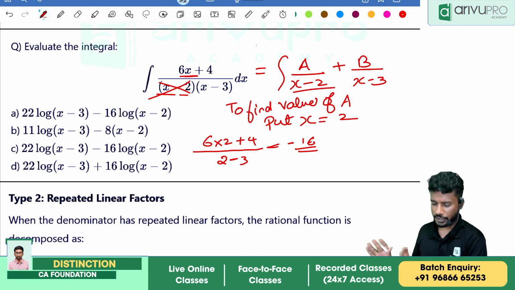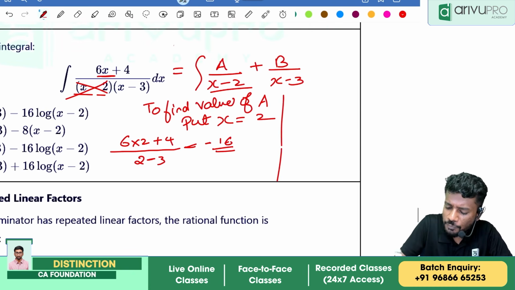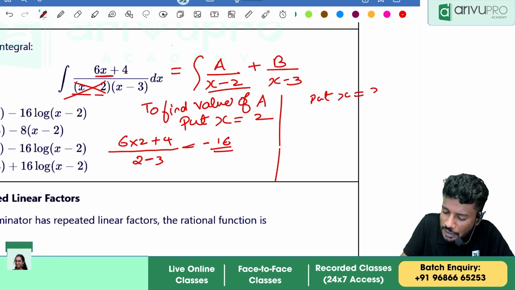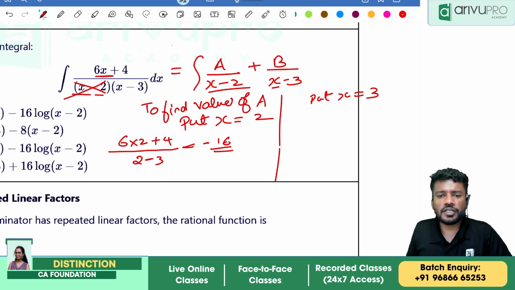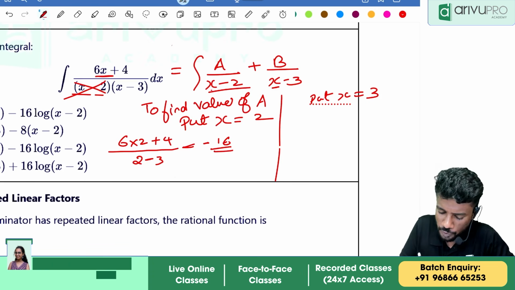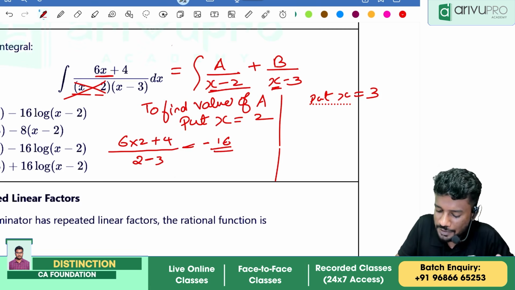Then, in order to find the value of b, you will put x equal to what? 3. Now I am asking you, why are we putting x equal to 3 and why are we putting x equal to 2? Because if we put x equal to 2 over here, that will become indefinite. If we put x equal to 3 here, it will become indefinite.